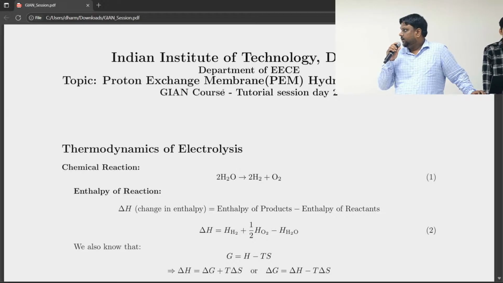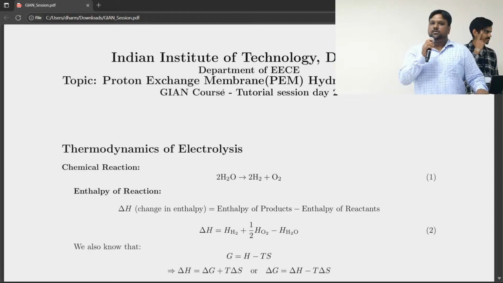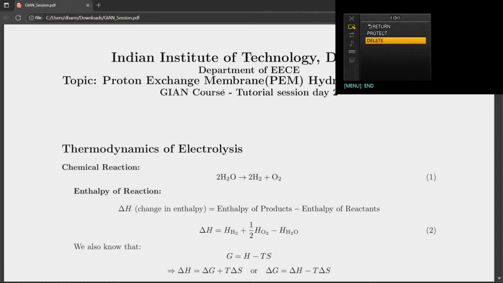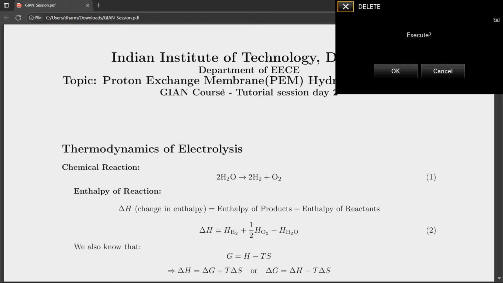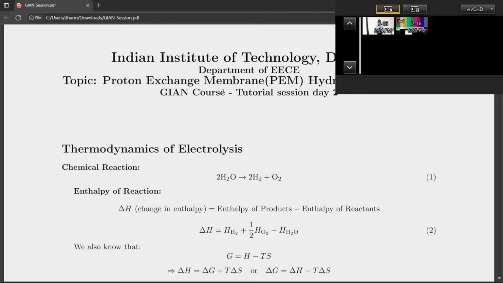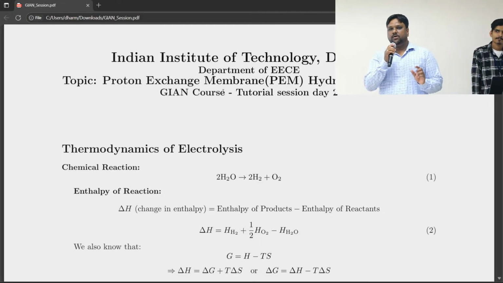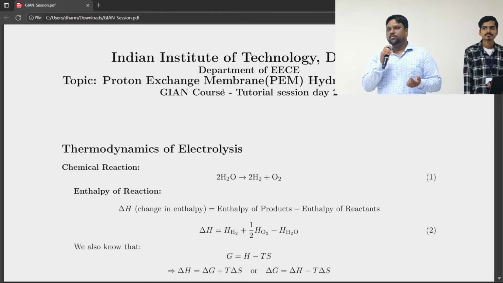Basically, yesterday you learned a bit of fuel cell modeling. Now we go from a very simple model representation of an electrolyzer to a very complex model where you involve thermodynamics, electrochemical, all these things.